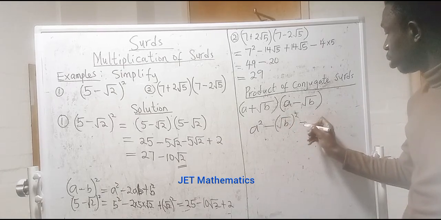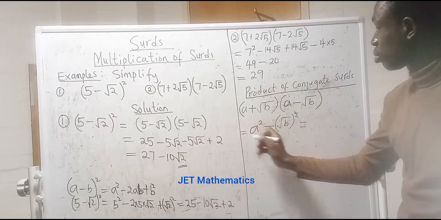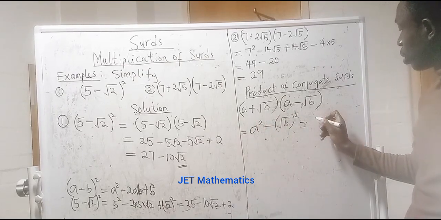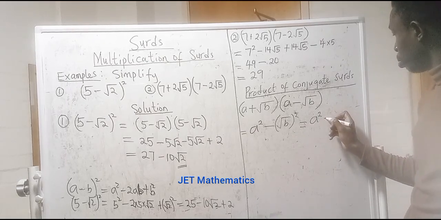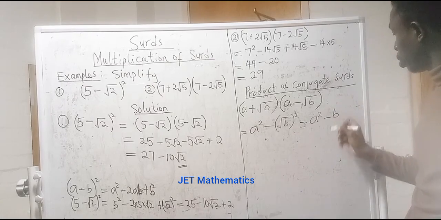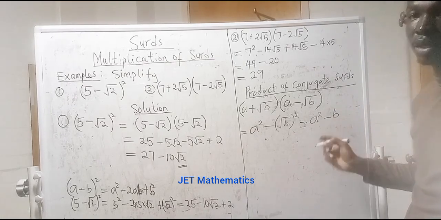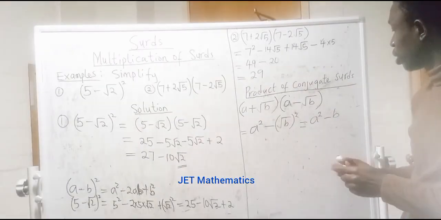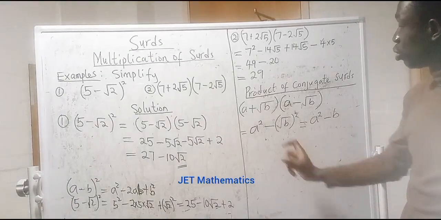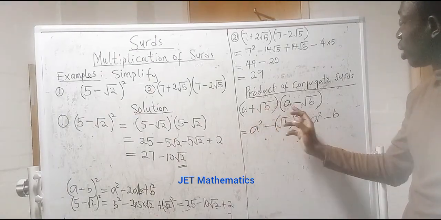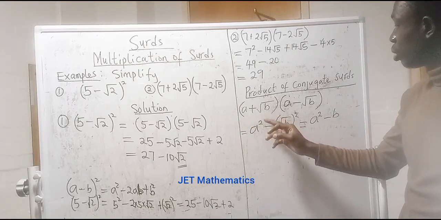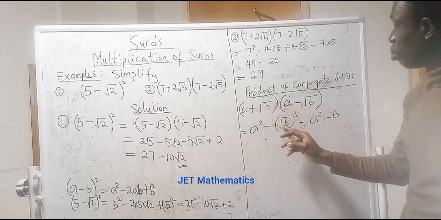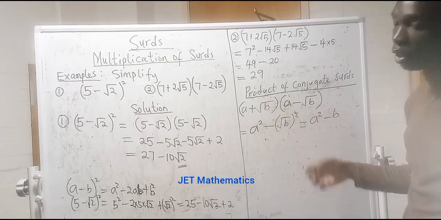So with this we get a squared minus b. So this is a rational number. All you need to do when you multiply a surd and its conjugate is take the first term, square it, minus the second term squared, and then you get your result.